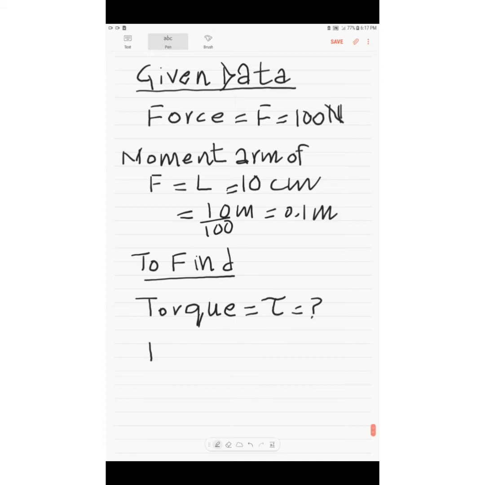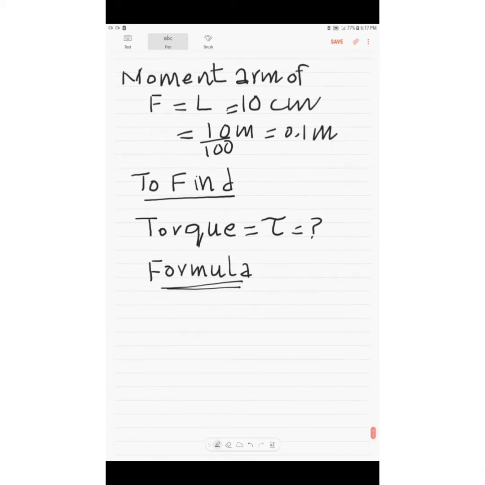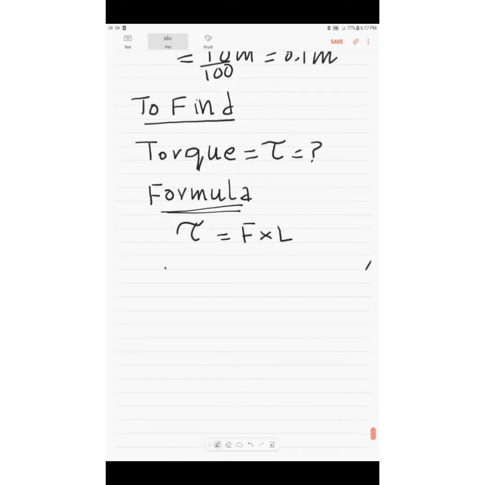Now next heading is formula. Underline it. The formula is tau is equal to F multiplied by L. Now next heading is solution.